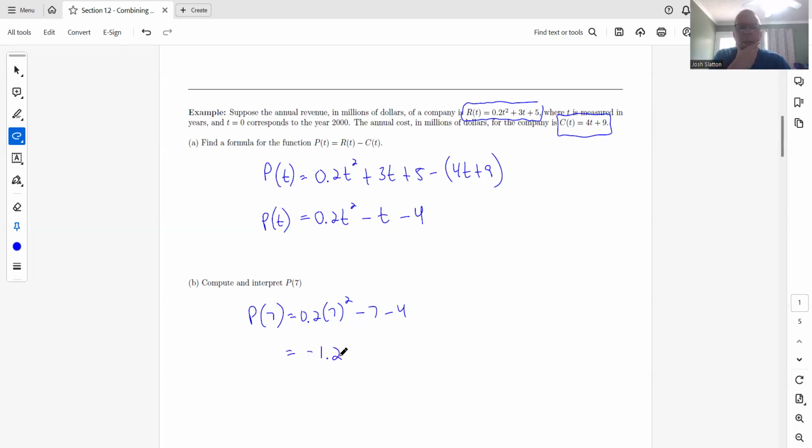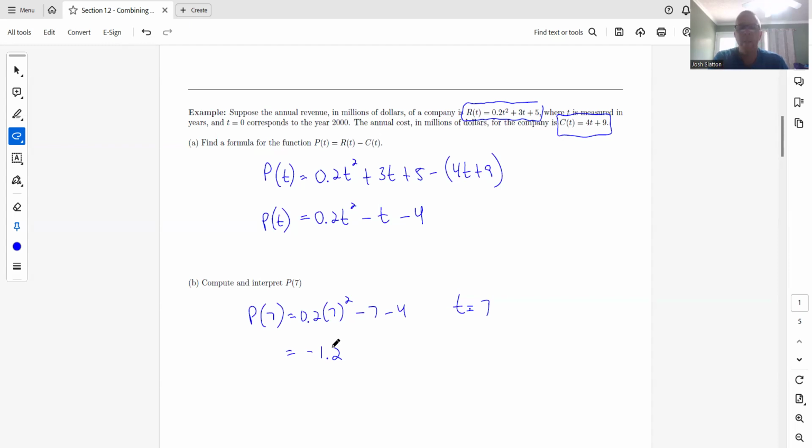And if revenue is measured in millions and cost is measured in millions, profit is also going to be measured in millions. So whenever you're adding and subtracting functions, they really all need to be the same units. So what this means is, in 2007, so t equals 7, and then P is negative 1.2, or negative $1.2 million.